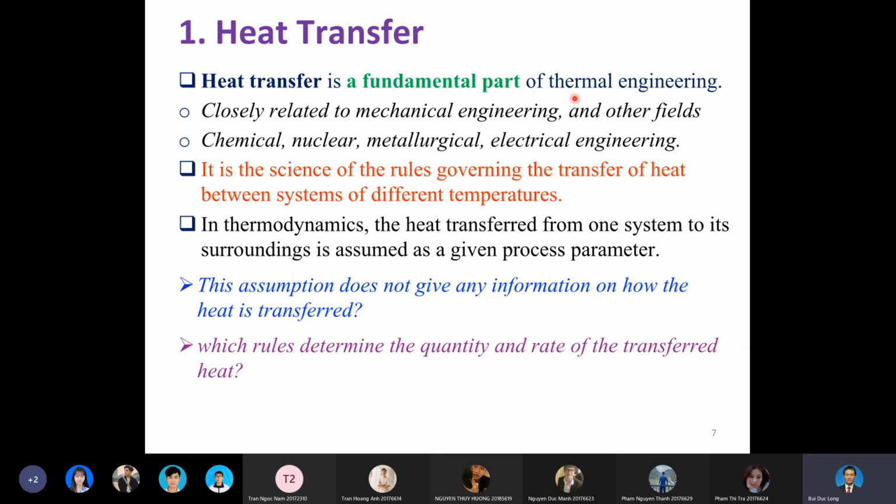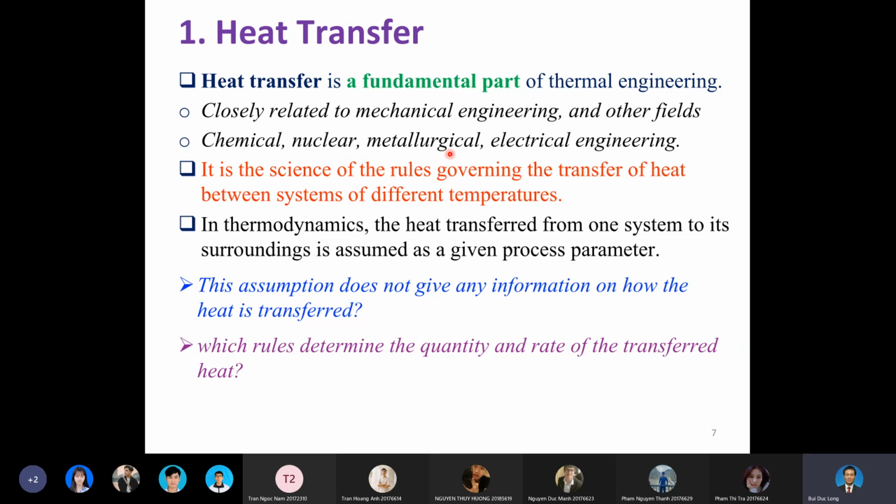It is also involved in our field, metallurgy, for example cutting, casting, and steel production.